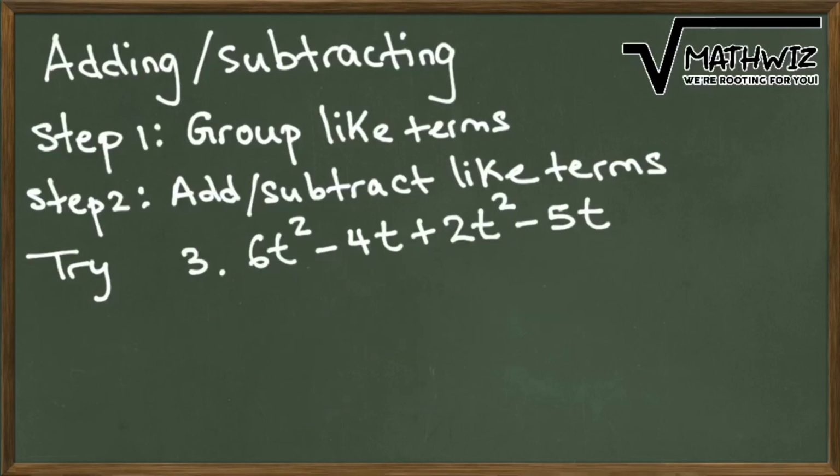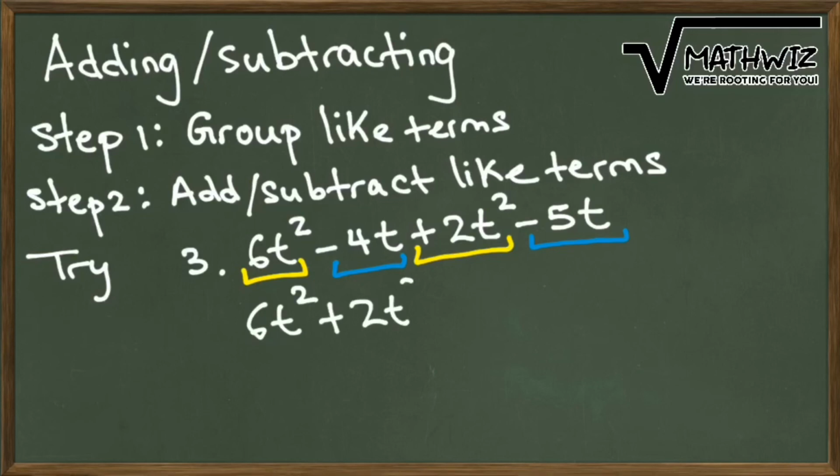Okay, and then for our final question, you would have to remember that t and t squared are not like terms. So the 6t squared will go with the plus 2t squared, and the minus 4t will go with minus 5t. Okay, so we would have 6t squared plus 2t squared minus 4t minus 5t.